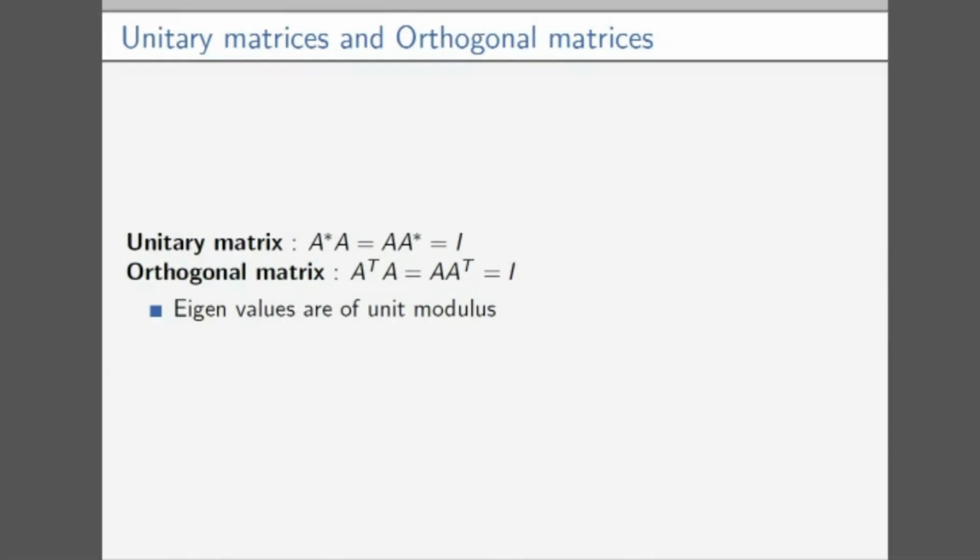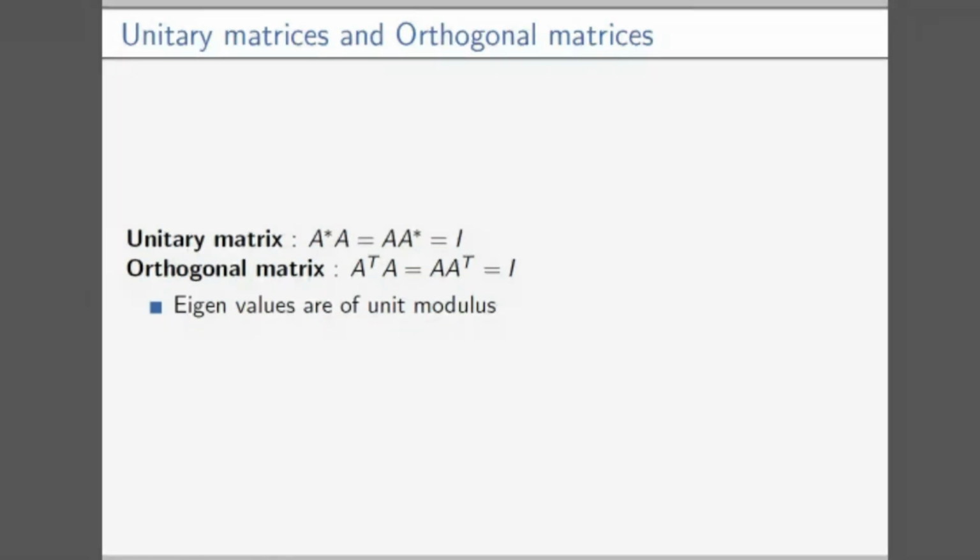Minus 1. Okay, very good. So it can be 1 and minus 1. That is, being Hermitian, its eigenvalues can only be real. And when we put the condition that it is unitary as well, it is of unit modulus. So the only real values which are of unit modulus are 1 and minus 1. So they are the only possibilities.